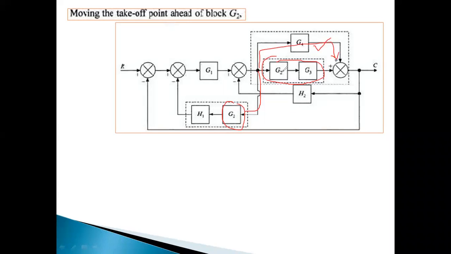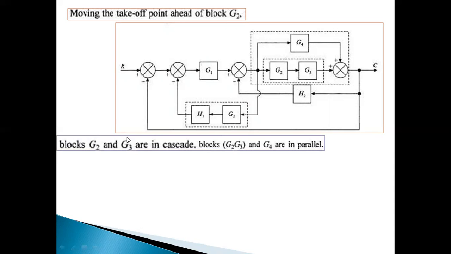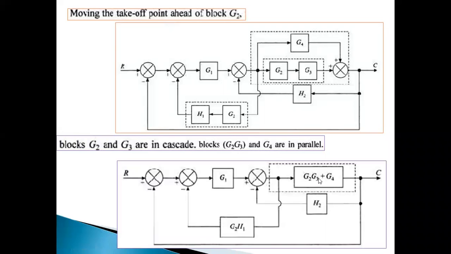We can reduce these three blocks into a single block. So if we move a takeoff point ahead of the block, next the blocks G2 are in cascade, and blocks G2, G3 and G4 are in parallel. Now the final answer is something like this. Cascading and eliminating the remaining.